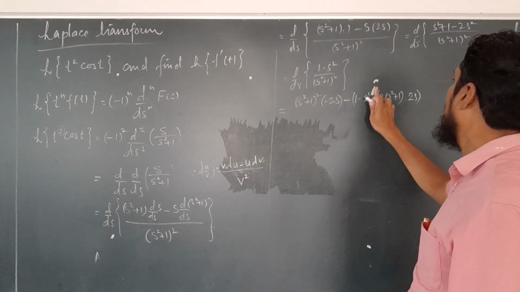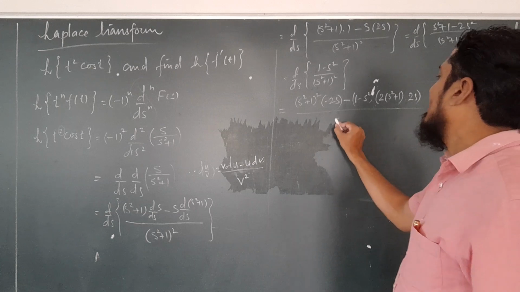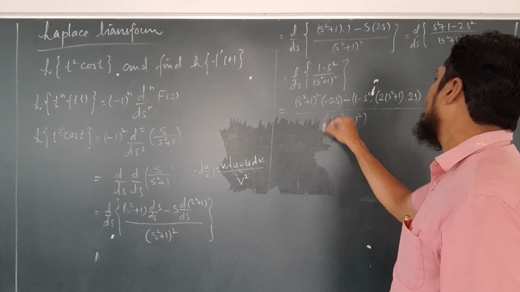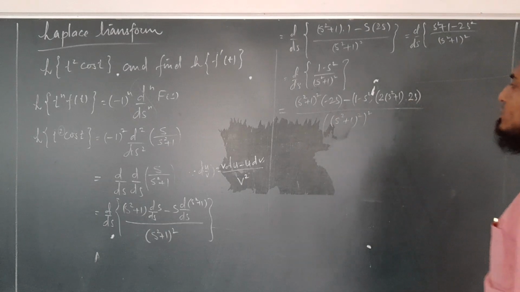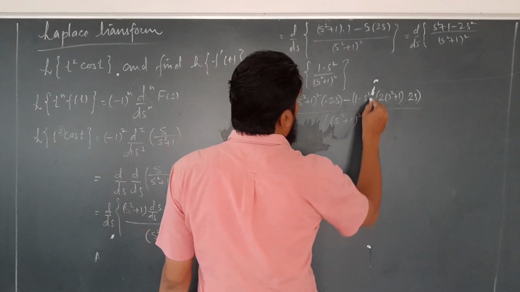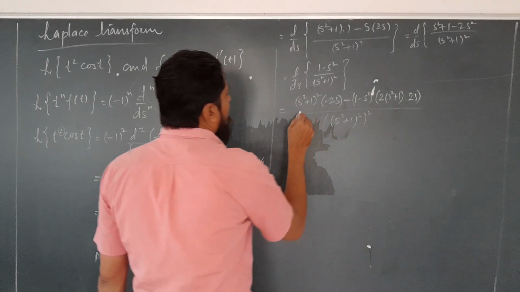No, sorry. 2s upon (s square plus 1) bracket square. So here we have s square plus 1 common.